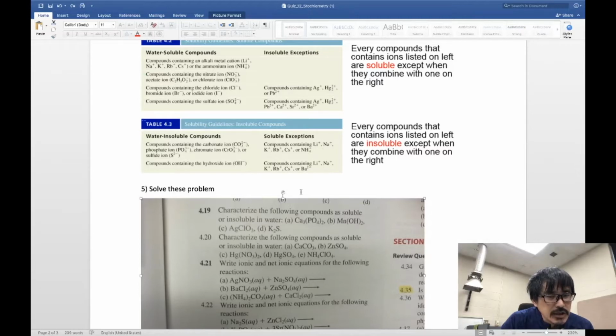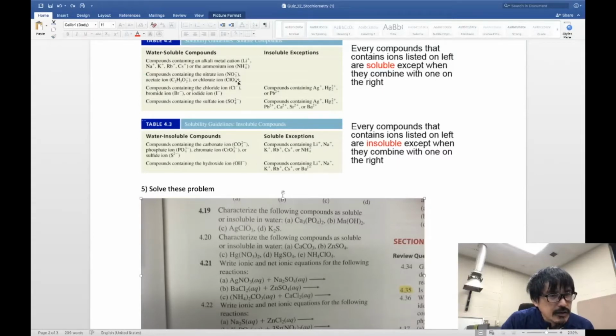I don't see the Ca listed here, so that one right there is going to be solid. ZnSO4 is going to be water soluble, exception right here. I don't see the zinc here, so Zn, right? So that one right there is going to be water soluble.